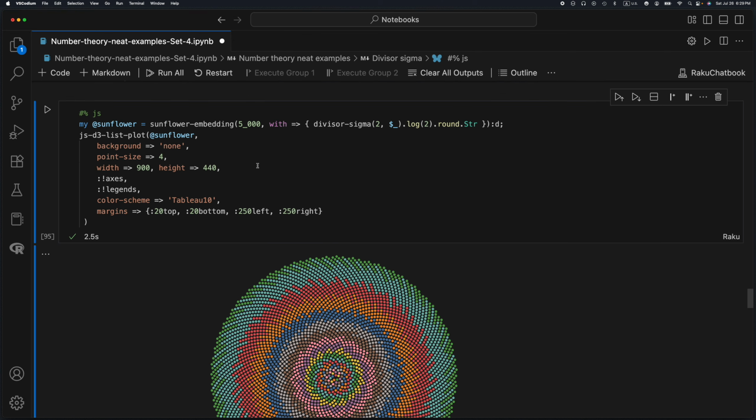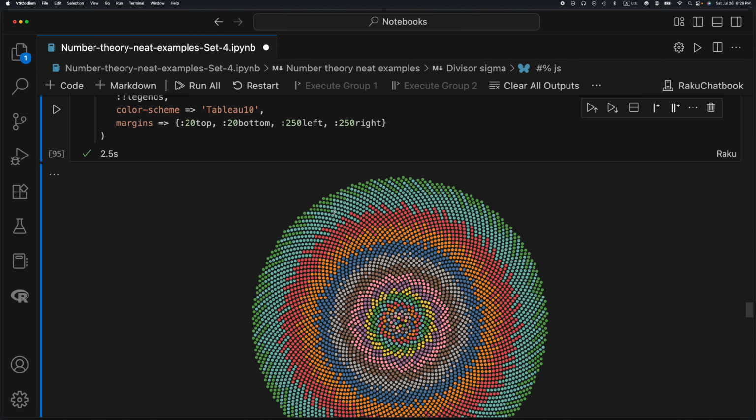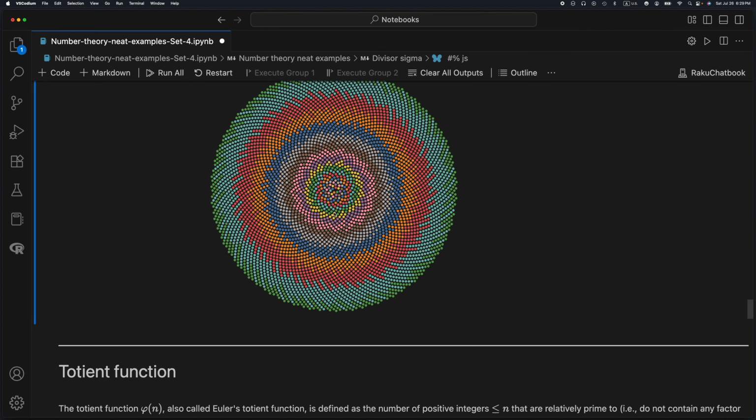With the sunflower embedding, that's a little bit more interesting. I spent some time trying to figure out which parameters to use, to logarithmize, to round, and so on, but I would say this produces a somewhat compelling diagram. Maybe I should zoom in to show it. I'm going to produce another version of this using bubble charts below.